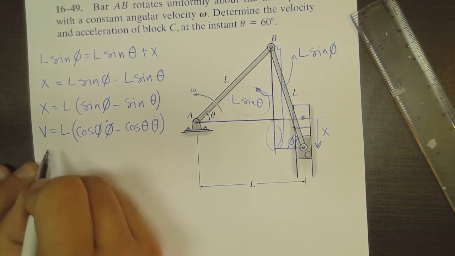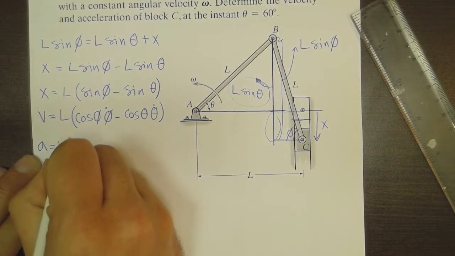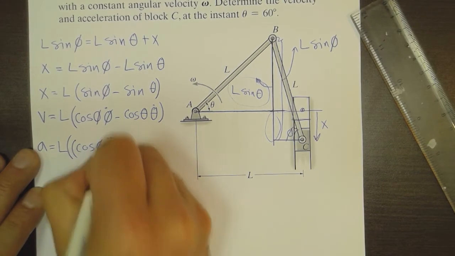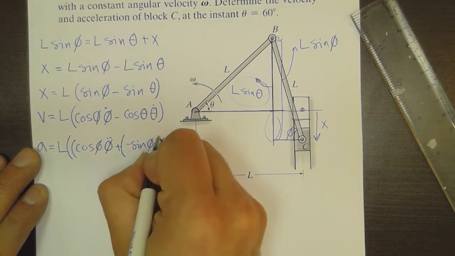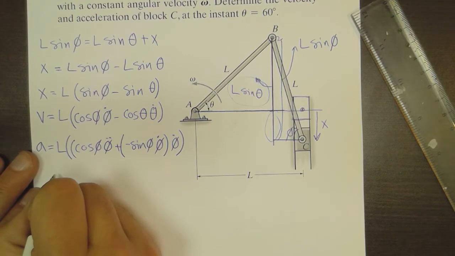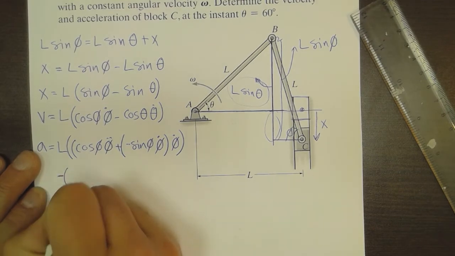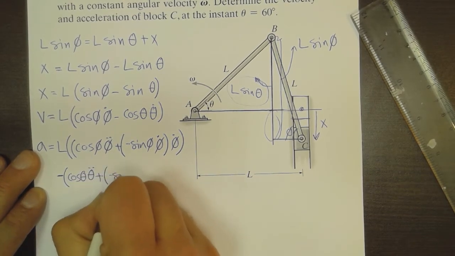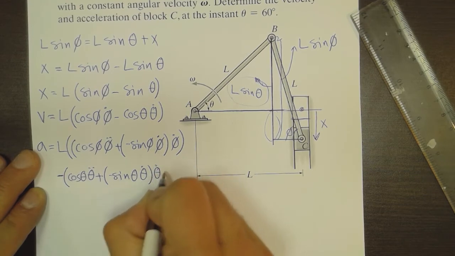The acceleration is going to be a somewhat long equation, so I'm going to be careful in doing the derivative. a equals L times (cosine phi times phi double dot plus minus sine phi times phi dot times phi dot), minus (cosine theta times theta double dot plus minus sine theta times theta dot times theta dot).